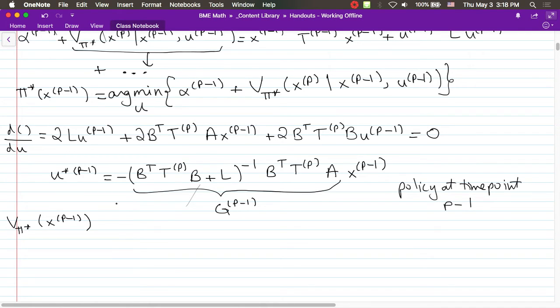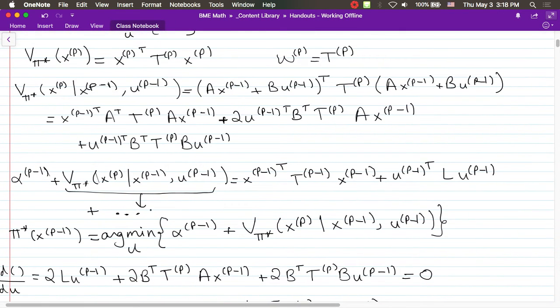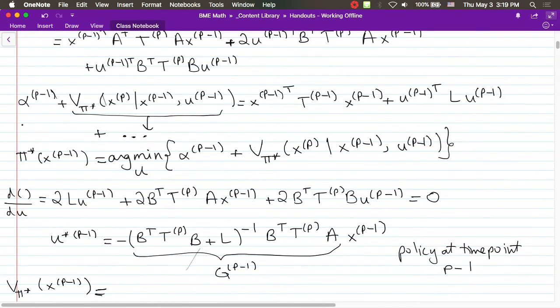Okay, so the value function at time point P minus 1. It's this plus this plus this, where U is going to be replaced with the matrix G times X, plus this guy here, alpha, the cost per step.